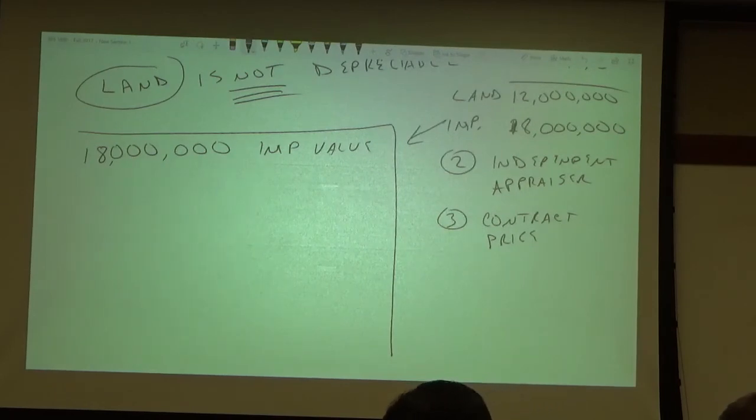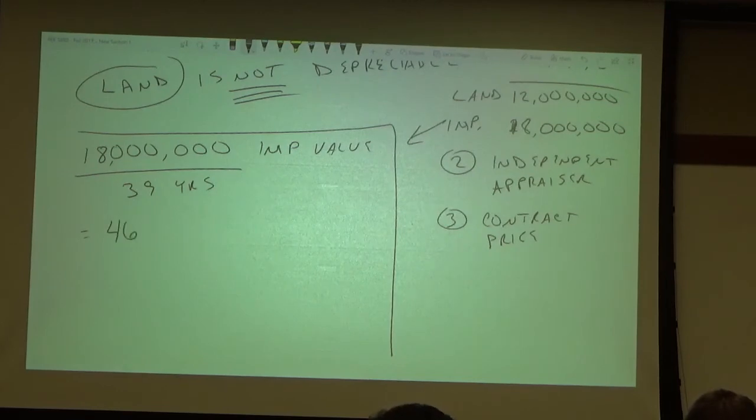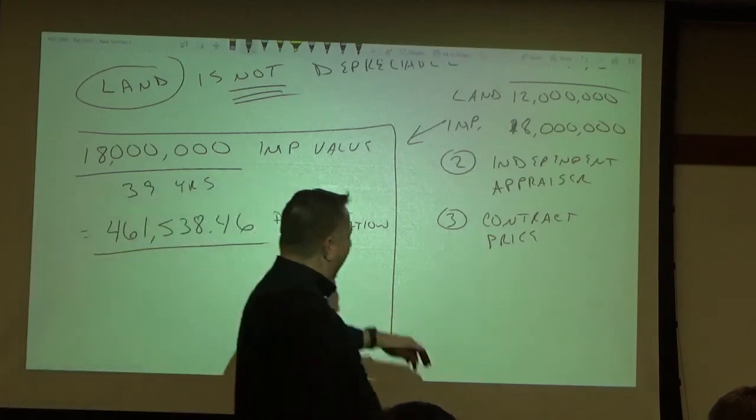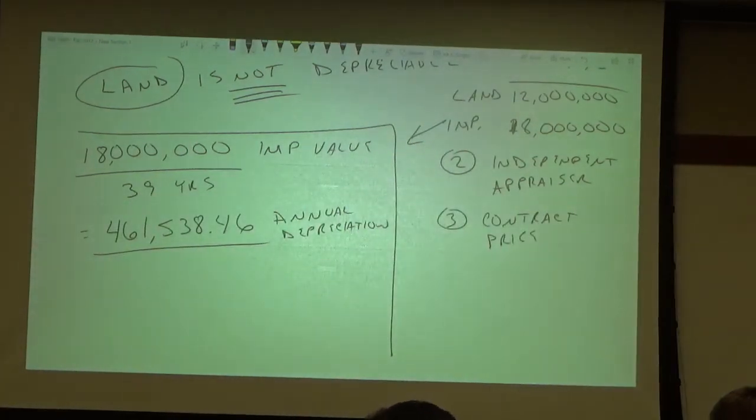If it's commercial, you're going to divide that by 39 years, and that is going to give you $461,000 of annual depreciation. Okay, does that make sense to everybody?